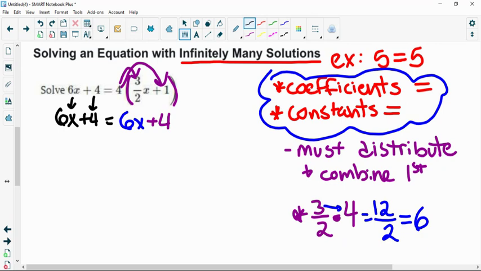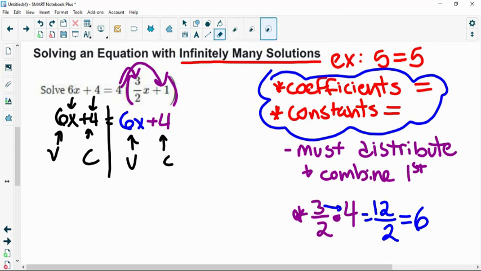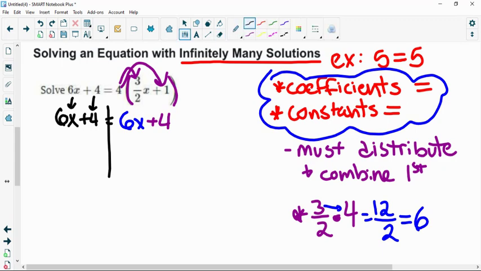Let us try the step where we try to get all of our variables onto one side. Because as we see, variable, constant, variable, constant. We're going to get all the variables to one side. If I take this plus 6, I know it's positive because there's no sign in front.